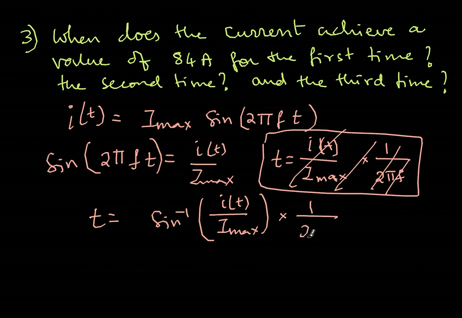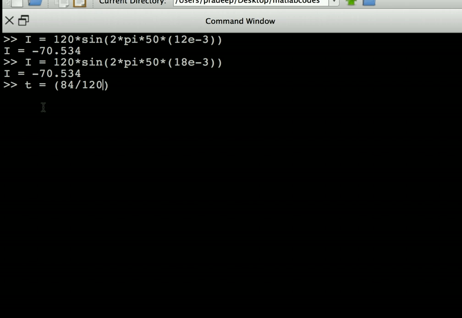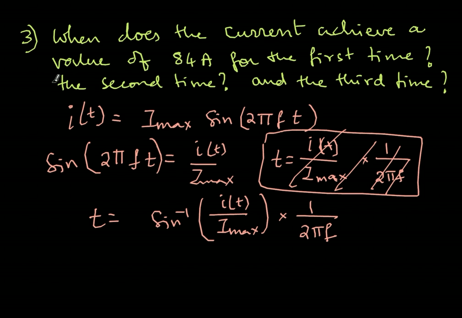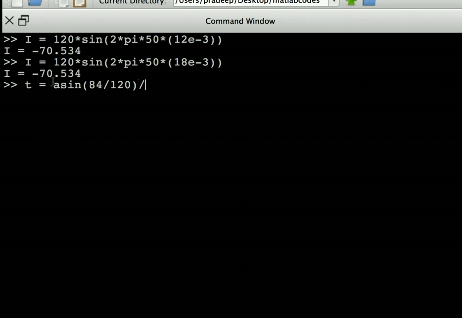into 1 by 2 pi f. Okay, so let's do this. So here I'll write asin, the function which will do the inverse of sine, divided by 2 into pi into 50.